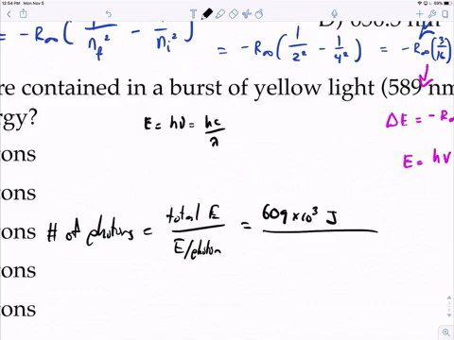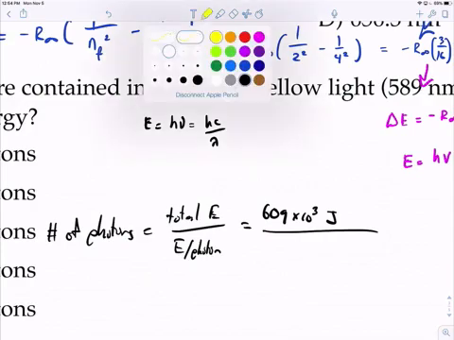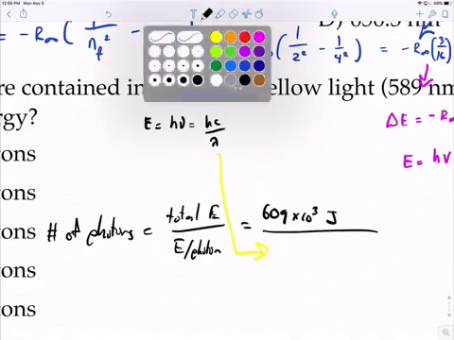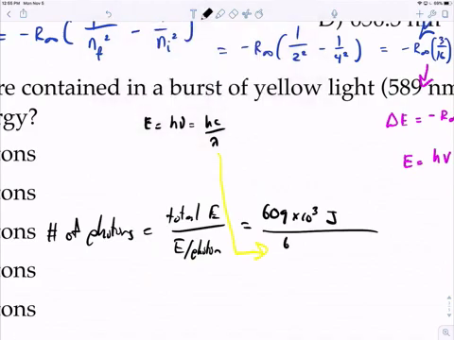So we have 6.626 times 10 to the minus 34 joule seconds, times 3 times 10 to the 8.